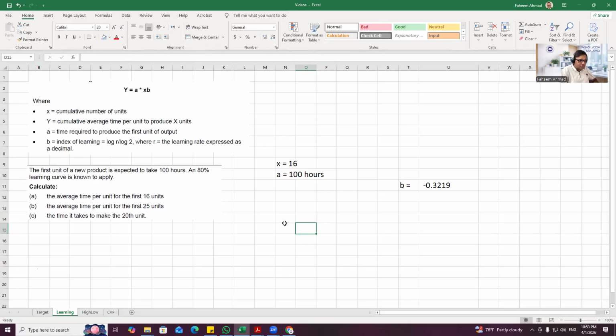Okay, so I'm going to apply this formula now. So y is equal to a, which is 100, into x, which is 16, to the power of negative 0.3219.